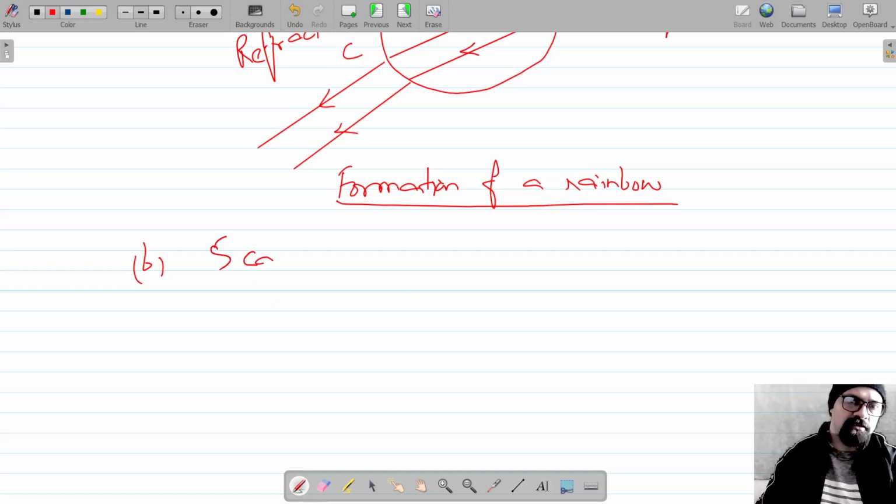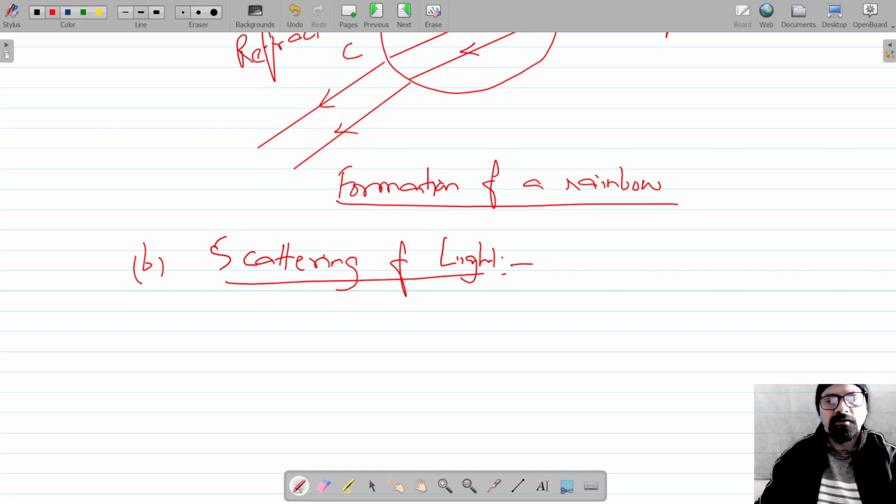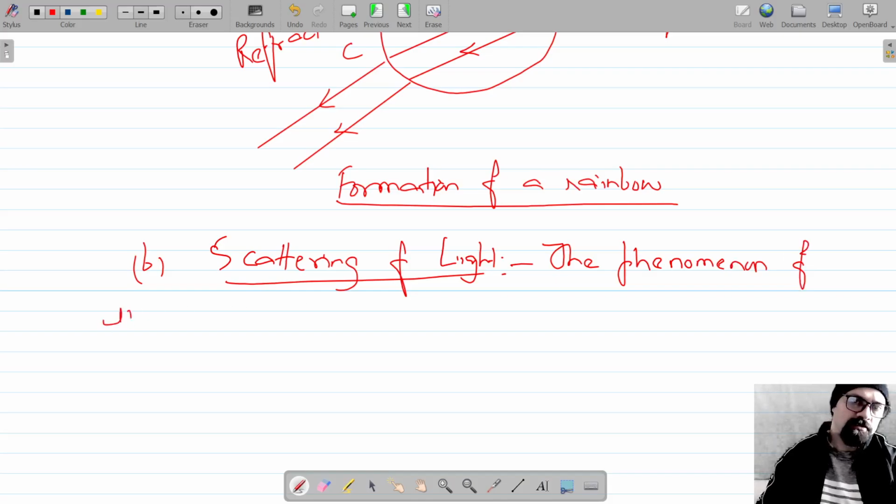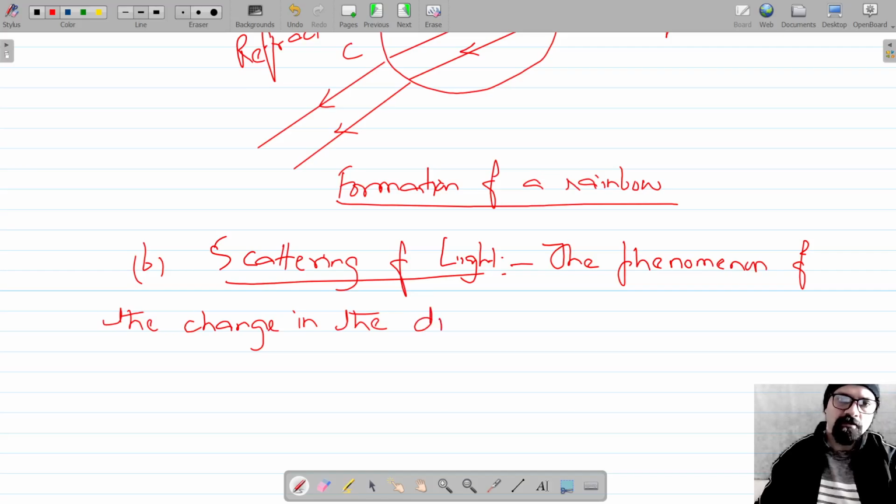For scattering of light, our definition is the phenomenon of the change in the direction of propagation of light.